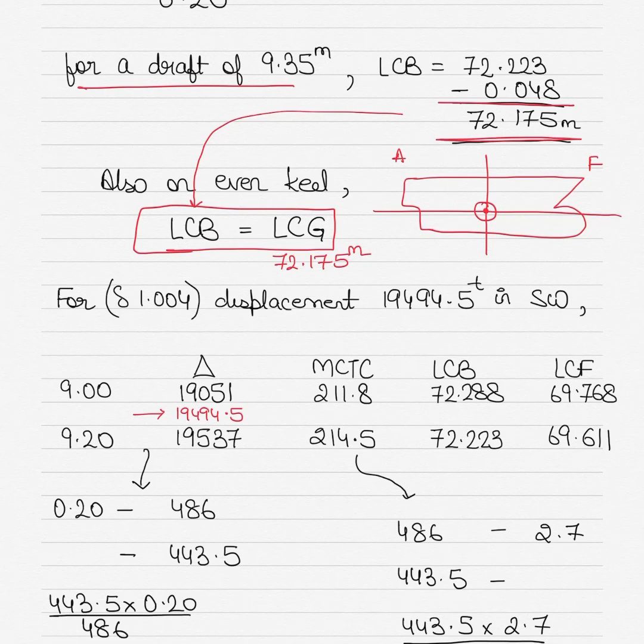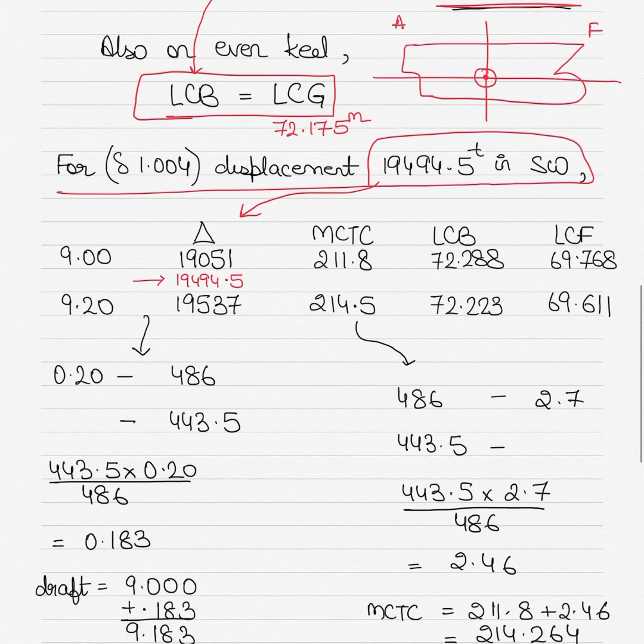Now what we can do is we go back to the displacement of 19494.5 tons that we calculated, and find out what will be the draft in seawater. Alright, so we've got the displacement.